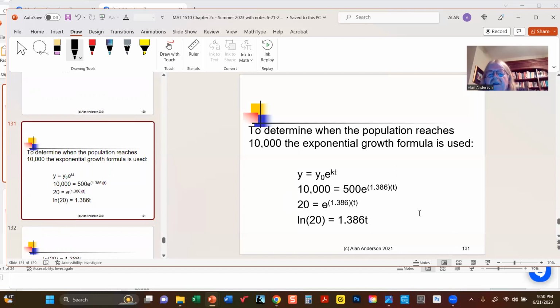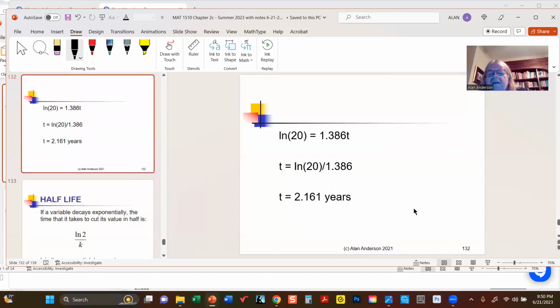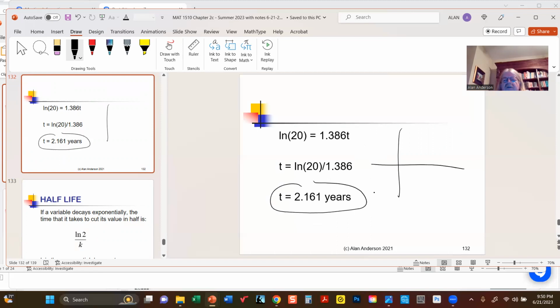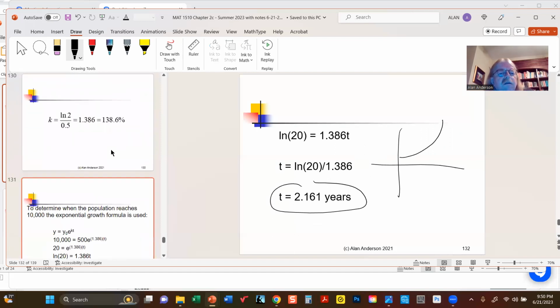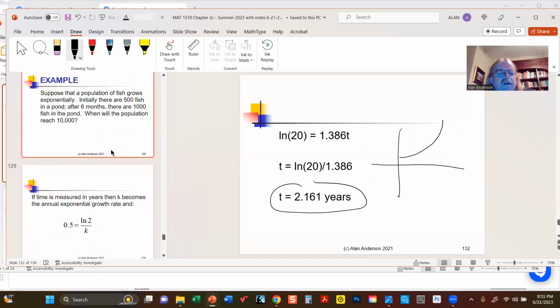So I've got log 20 equals 1.386T. And now this is so easy because all I have to do is divide both sides by 1.386. And so I'm left with approximately 2 years. Because the population of the fish is growing so quickly, it'll only take about 2 years to go from 500 to 10,000.